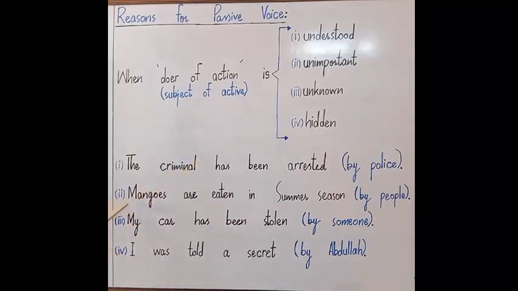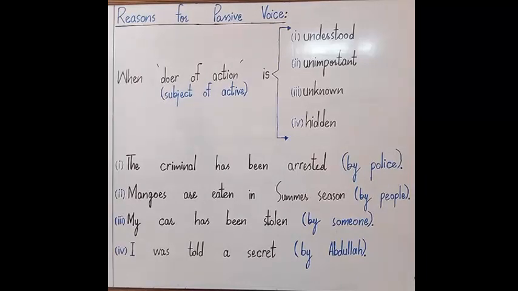Second example before you is, mangoes are eaten in summer season by people. So the active sentence of this is, people eat mangoes in summer season. Do you not think it is unimportant to use the doer of an action in the sentence, which is people?